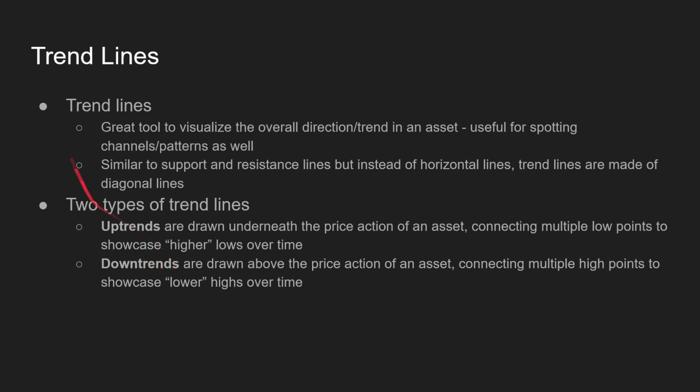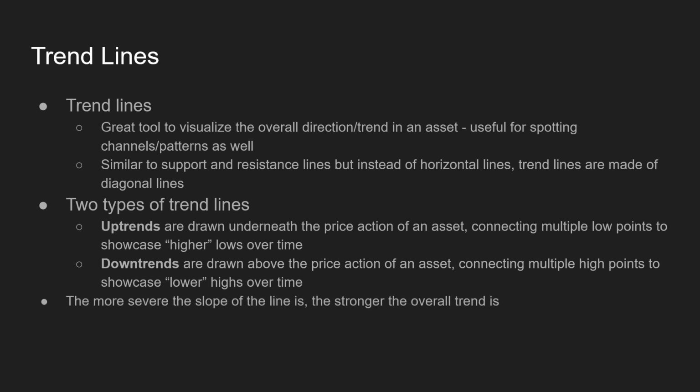In a downtrend, we see those highs getting lower over time, right? So each time the market is coming up or coming down, we're seeing lower highs, lower lows. In a downtrend line, we would place that above the candles or the line of the chart, and we would connect those highs to showcase the lower highs over time.